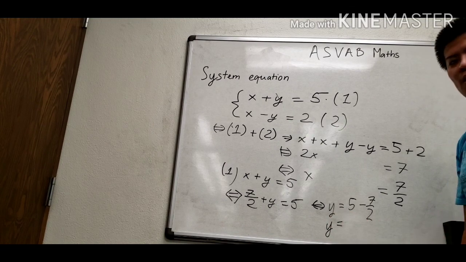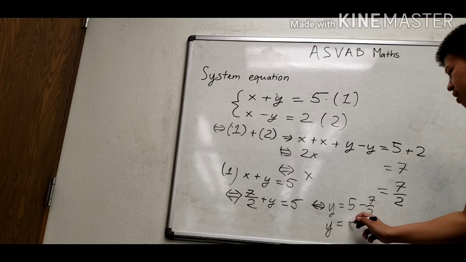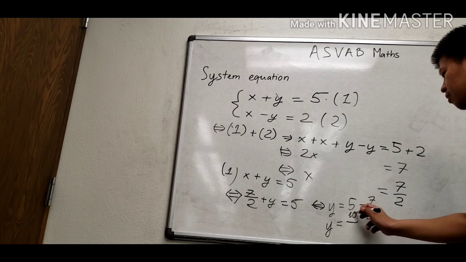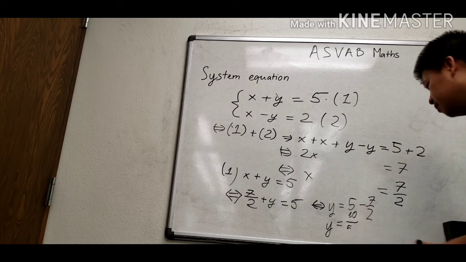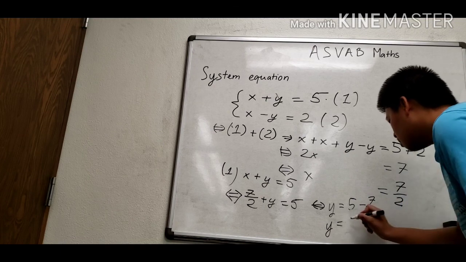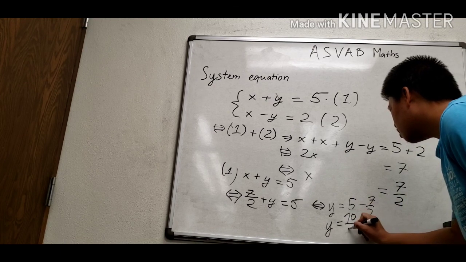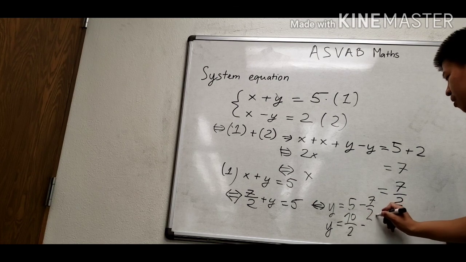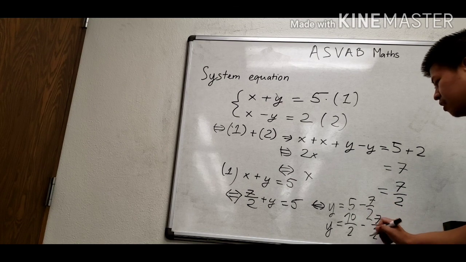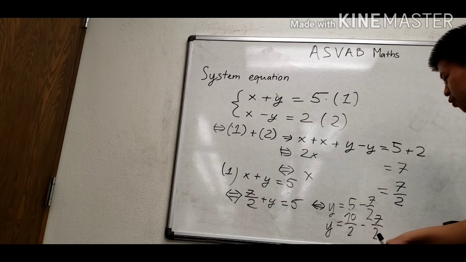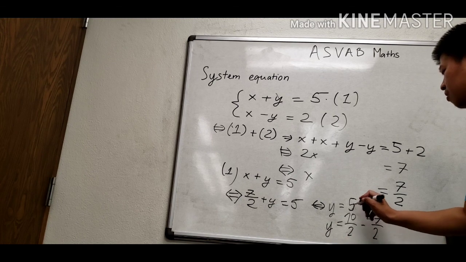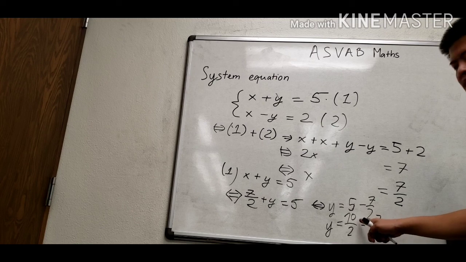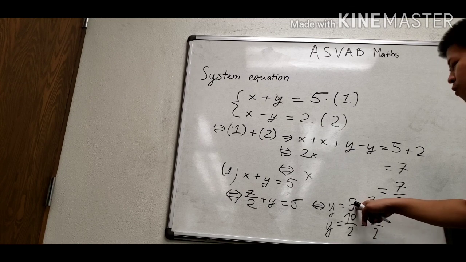We have y in here. We have number 5, we can put in here, because we want a common denominator. That's a common denominator, 2 and 2. And in here we have 10 divided by 2 equal to 5.